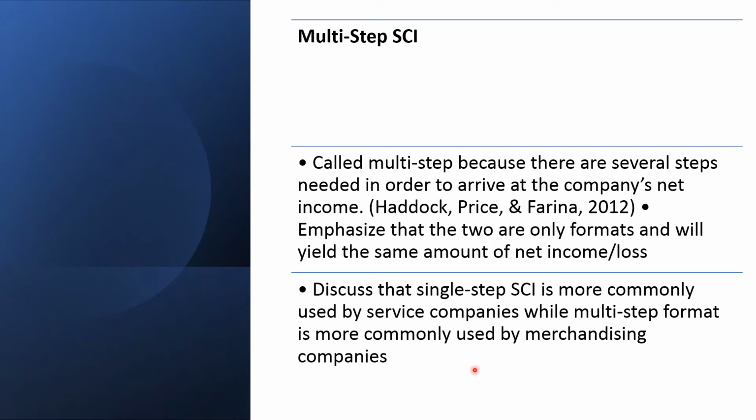So let's review what service companies and merchandising companies are. Service companies are companies that sell their services, for example the PLDT company. They do not sell physical goods or any commodity. They only offer their services to the customer.